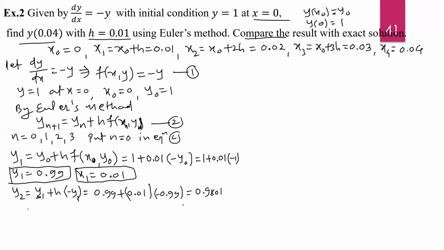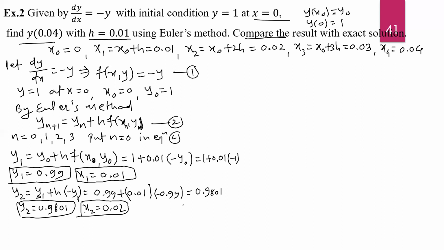We get y2 is equal to 0.9801. So this is the value at x2. x2 means to x1 we add h, that is 0.02.